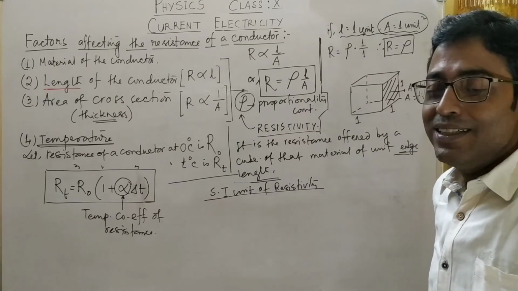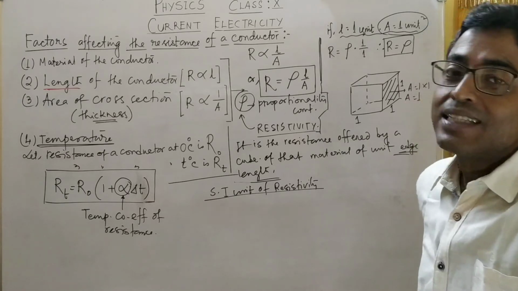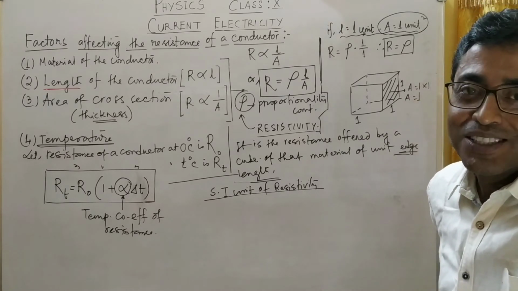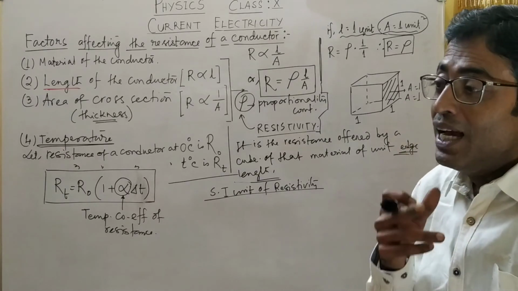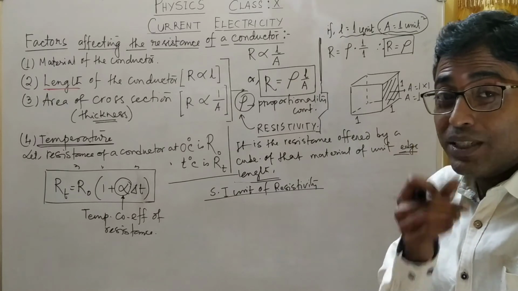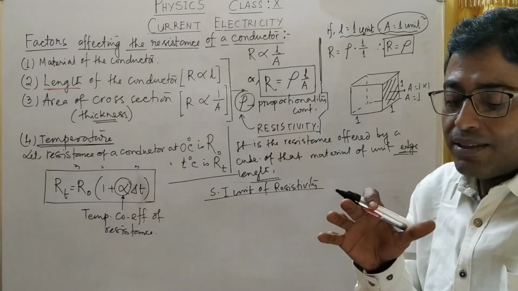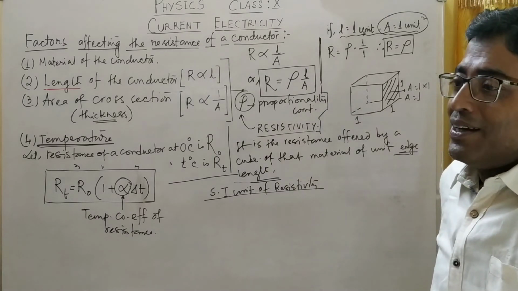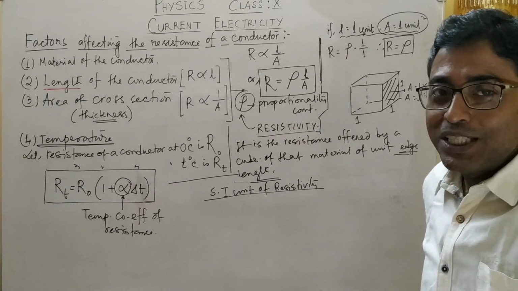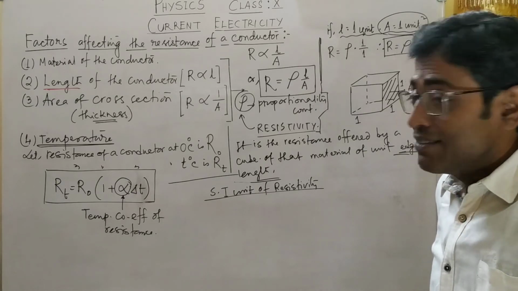There are nearly 10,000 or 20,000 units. In class 9 you have a chapter called units and dimensions, and in class 11 also the first chapter is units and dimensions. So you have to know how to derive this.